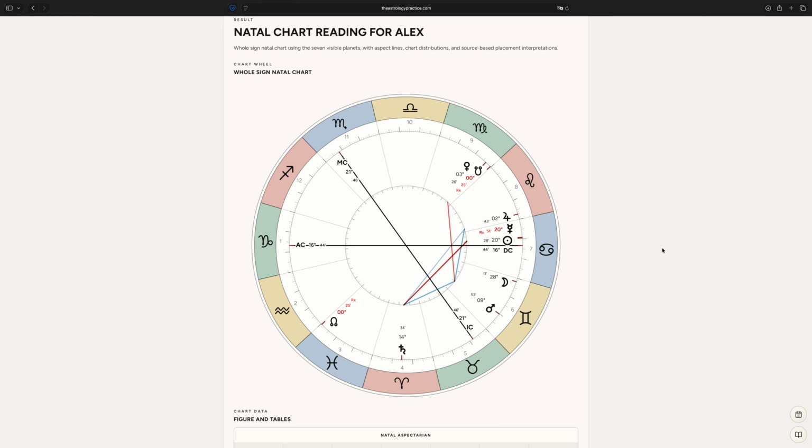But for information and educational purposes only, this website is only going to show the 7 traditional planets and the lunar nodes. So Uranus, Neptune, Pluto, Chiron, asteroids, anything like that, they are not present here.